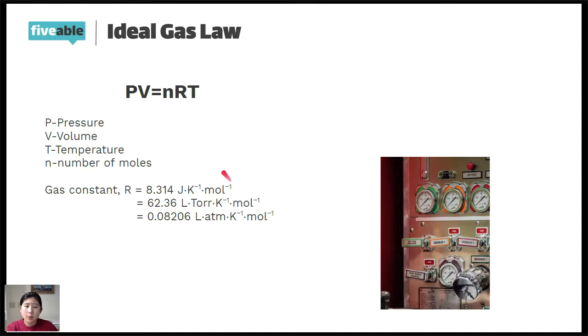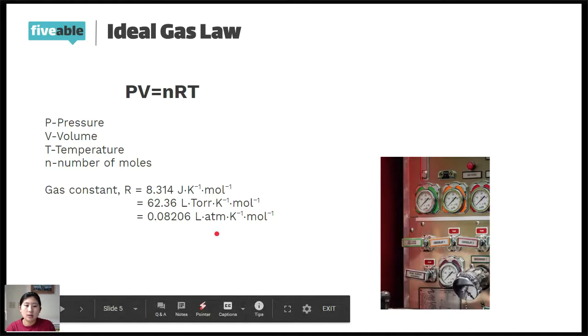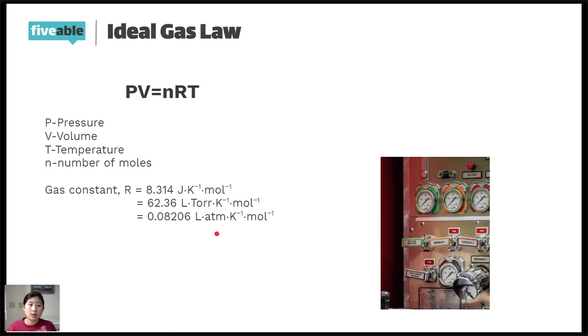If they were to give you all joules and all kelvins and all moles, then you would use this value of R. It will be the most convenient. And if they were to give you all liters, all torrs, and so on, you would use this. So whatever units they're using and whatever units will be easiest for you, use that R value.